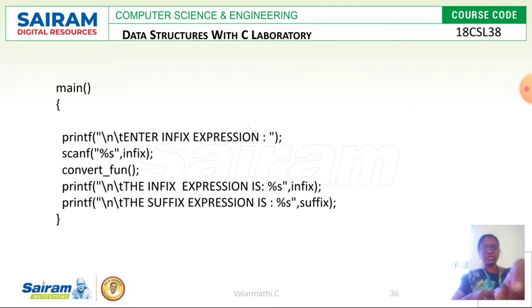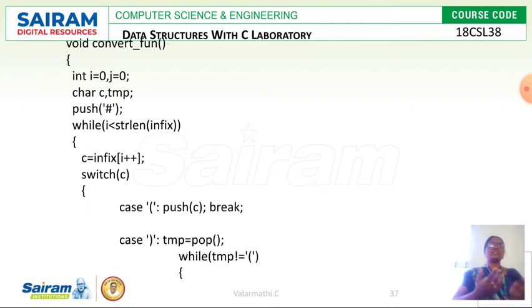Here before that, the convert function is called. What is the use of the convert function? The convert function is the very important one. What it will do, first of all, is initialization. That means int i equal to 0, j equal to 0 are initialized, and character c is declared, and a temporary character is also declared here, and the push operator function is called with one symbol.